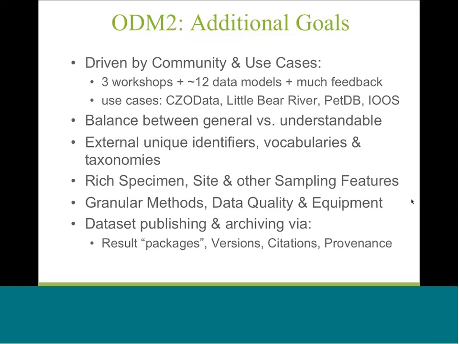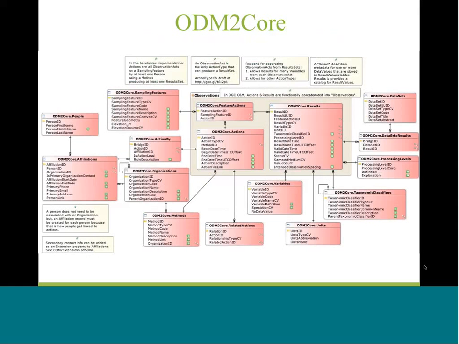We want to have citations and other attributions for data because they're becoming as important for data sets as they are for publications. And we want to understand the full provenance. Where did data sets come from? How were they derived? We want strong annotations and lastly, general extensibility. So those are quite a pile of goals, and it may seem like it's an impossible thing to achieve.